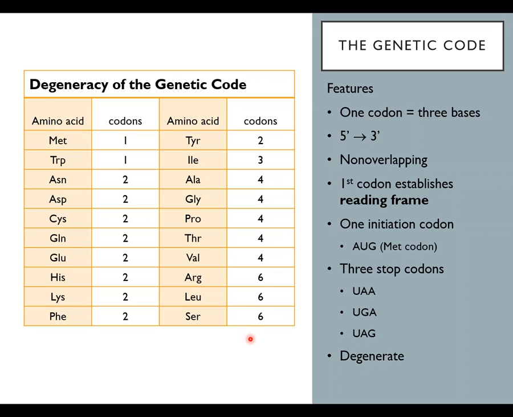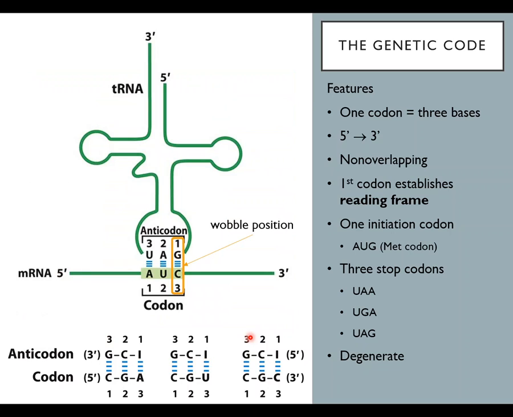But another reason for degeneracy of the genetic code is that this last position of the codon, the third base, is sometimes called the Wobble position, because the base on the anticodon that binds to the Wobble position can be a little ambiguous. So different bases have more or less Wobble properties than others.